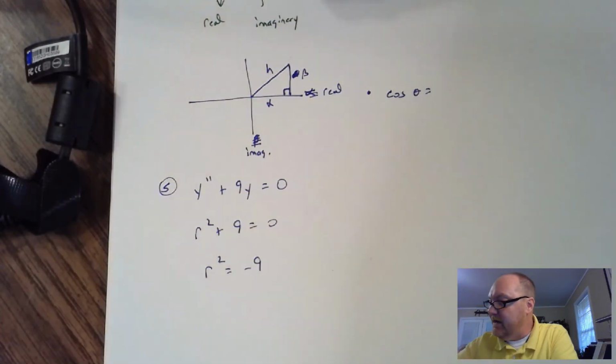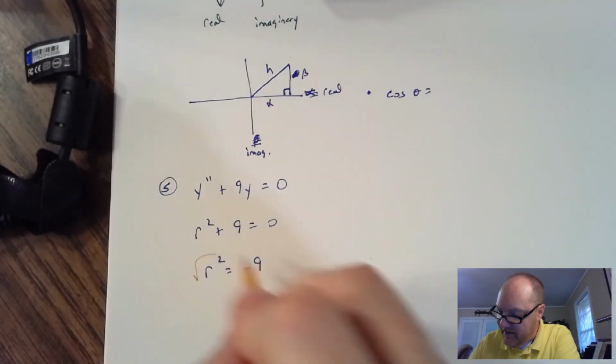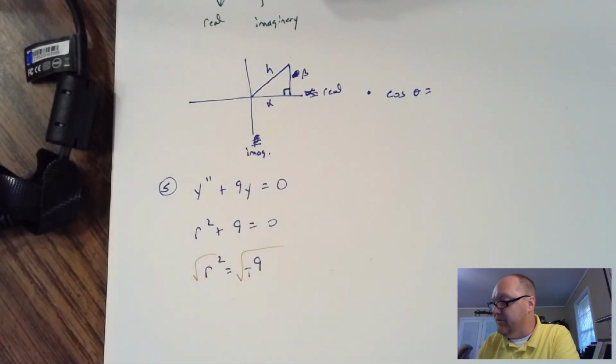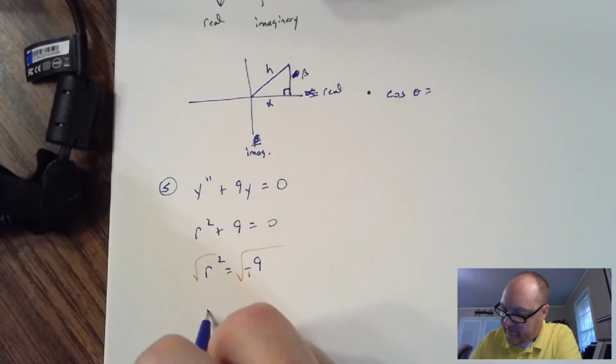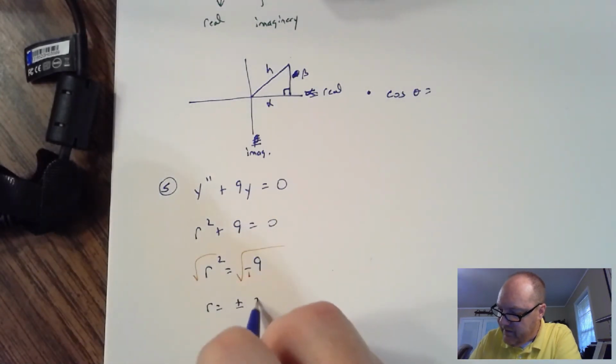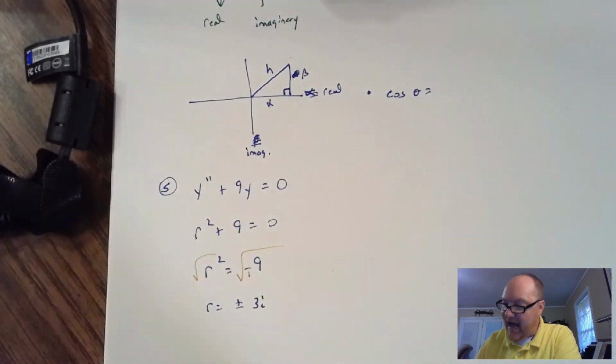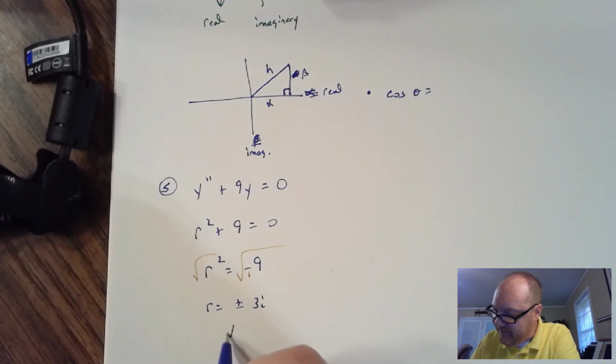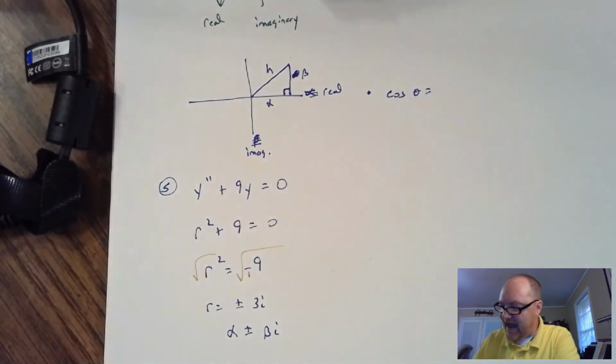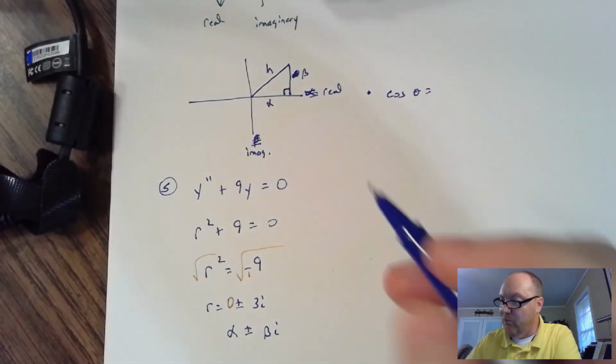But I think we can agree that if I take the square root of either side here, then I get just plus or minus 3i. So again, if I'm making that fit that form, then essentially I have no real piece for this particular problem, and that's okay. It'll come out in the wash.